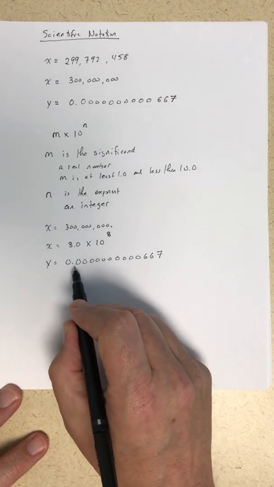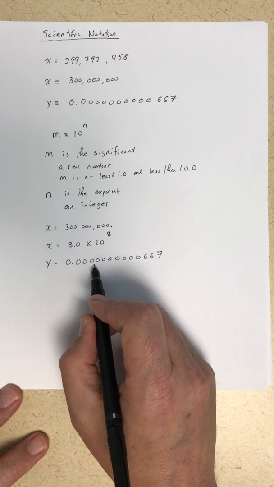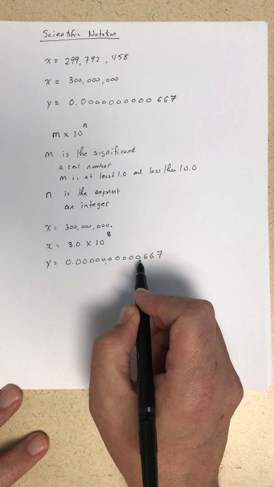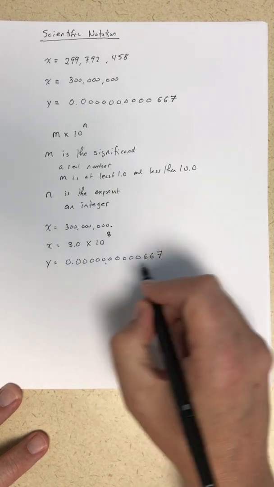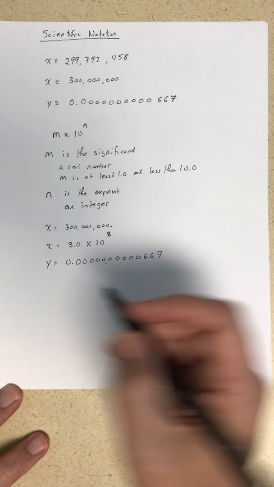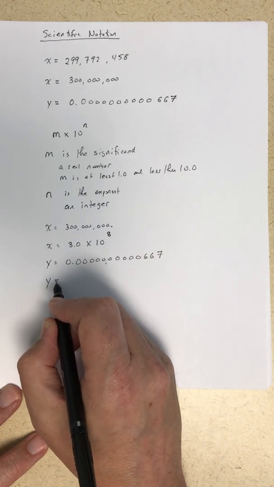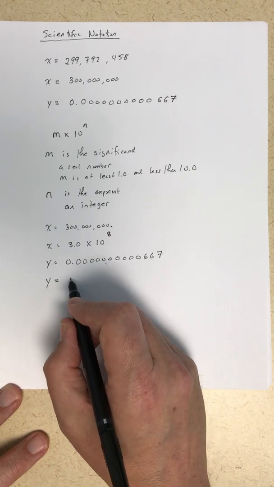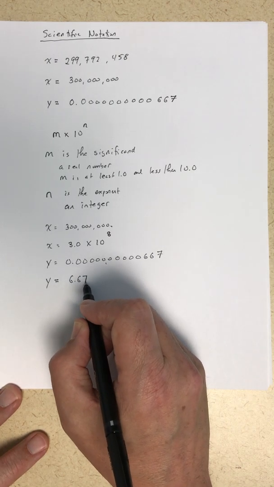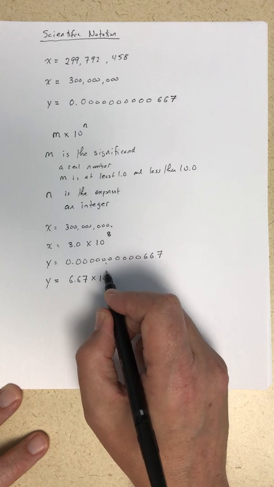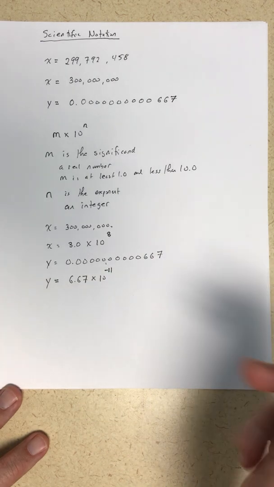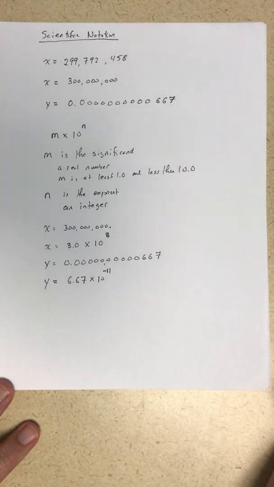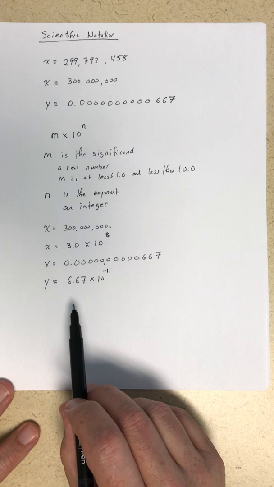So I would be shifting the decimal point 1, 2, 3, 4, 5, 6, 7, 8, 9, 10, 11 to put the decimal point there. So I'm shifting it 11 places to the right. So in scientific notation, this would be 6.67 times 10 to the minus 11. Okay.